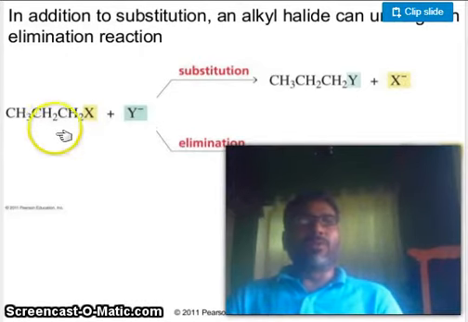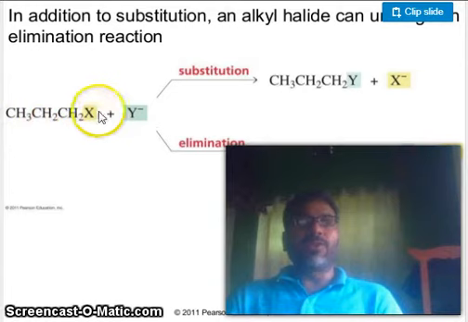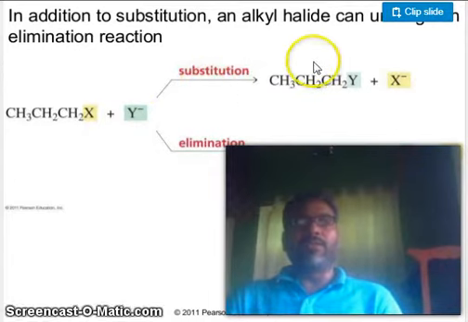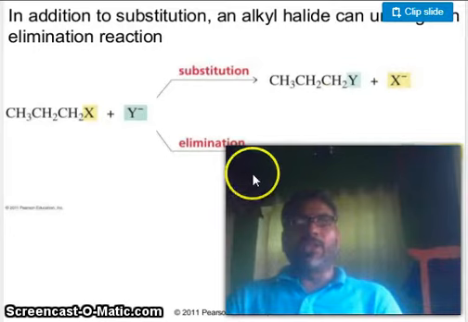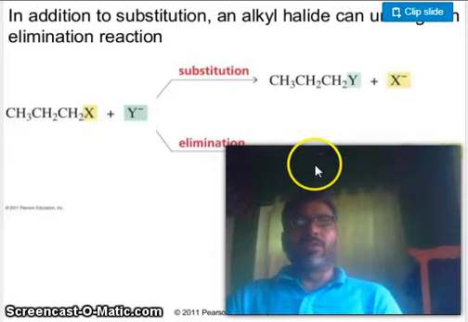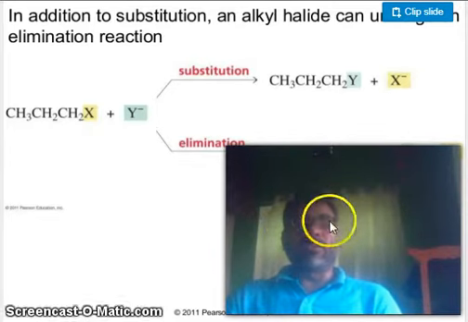So CH3CH2CH2X and this Y minus nucleophile: if substitution occurs, then this product will form, and if elimination occurs, then this product with a new double bond forms. So there is a two by-product here, one by-product.